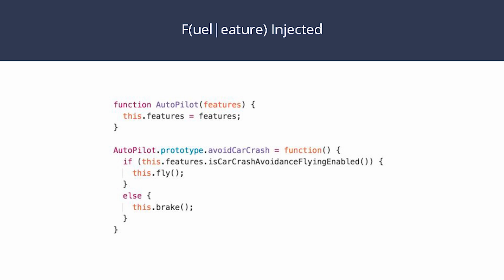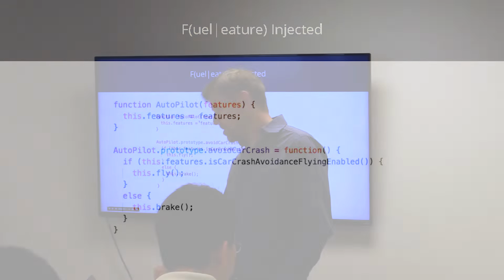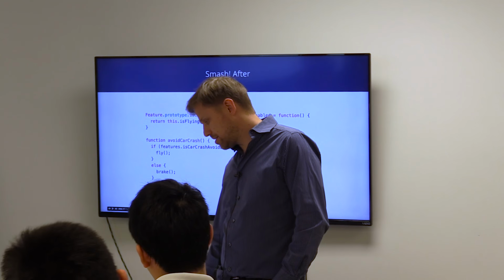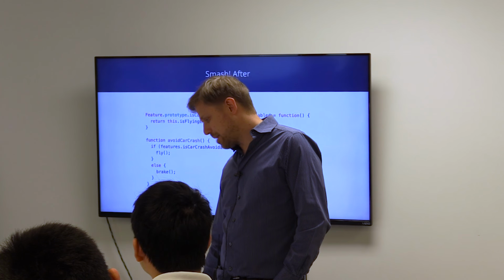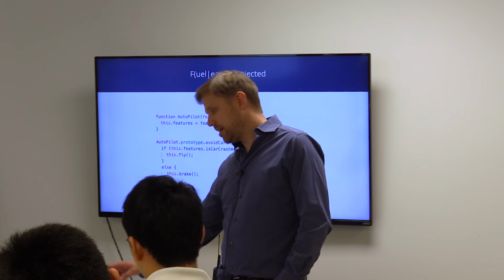So you're passing in your features object, and now it looks like Autopilot.prototype.avoidCarCrash is equal to this function, and here we're just calling that rather than instantiating it at the beginning. We're creating a new features object and passing it into the constructor.